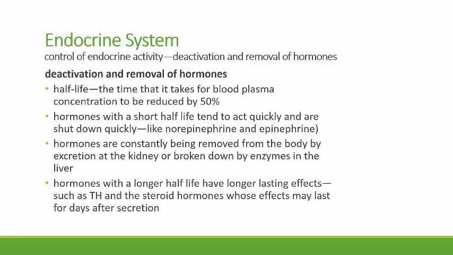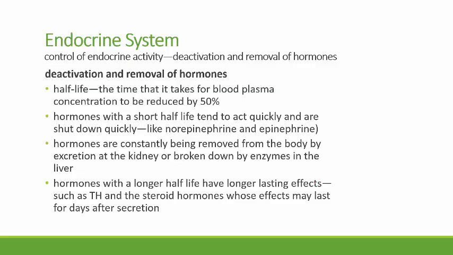The half-life is the amount of time it takes for the concentration of the hormone to be reduced by 50%. So if we have two parts per million hormone in the blood, then the half-life is the amount of time that it takes to get the concentration down to just 1 part per million.